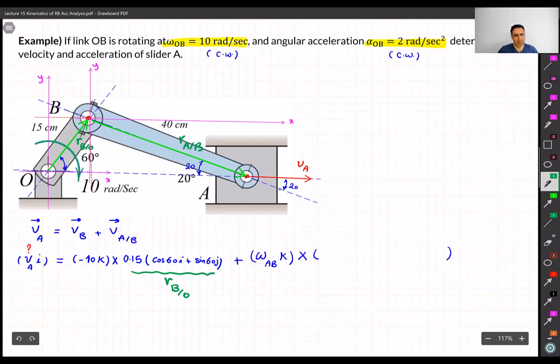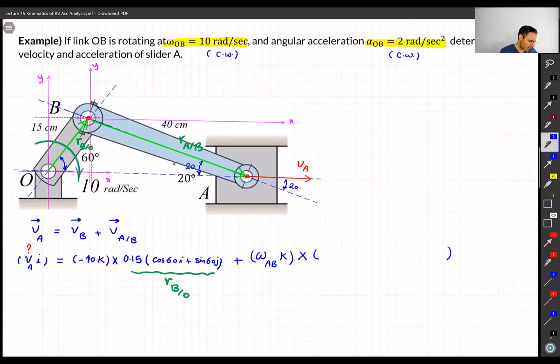We know the length is 40, and we have the angle. So simply I can write it down as, the length is 40. Why not I write down 0.4, everything's in meters. And then, it's going to be positive in X.